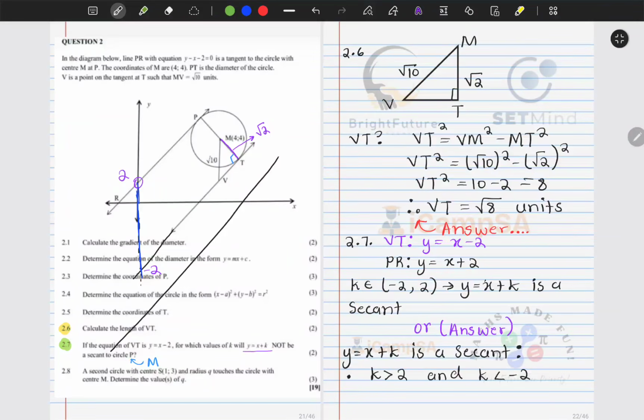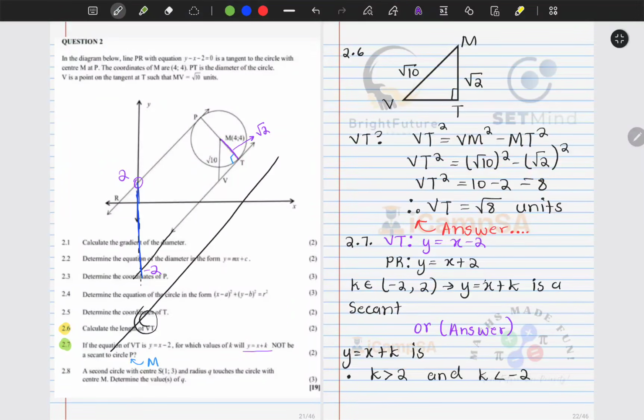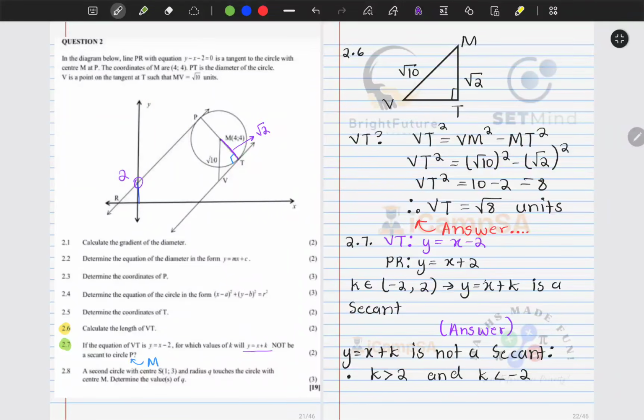Meaning if the k value is somewhere out there, then that will not be a secant. And that is what they were looking for, since they asked for which values it will not be a secant. I hope this makes sense to you guys.